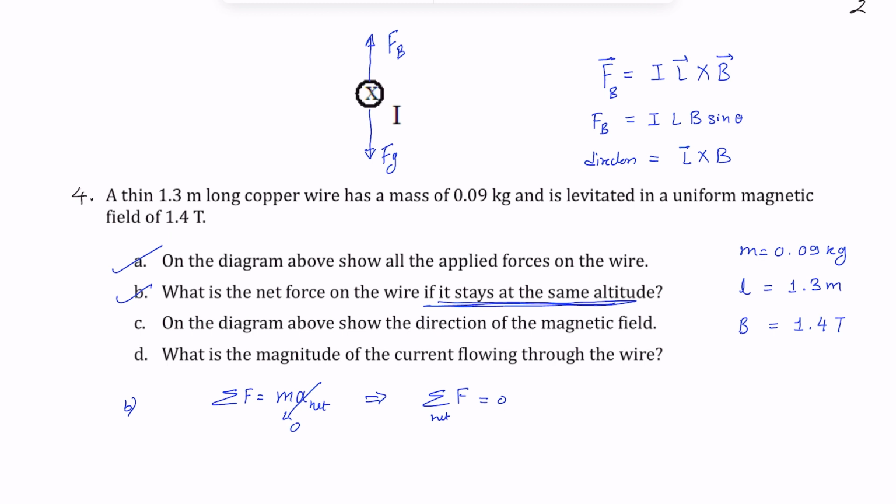The direction should, we know, be upwards. This should be the direction of the magnetic force. So in order to have that, let's think of what the direction of the magnetic field can be, okay?